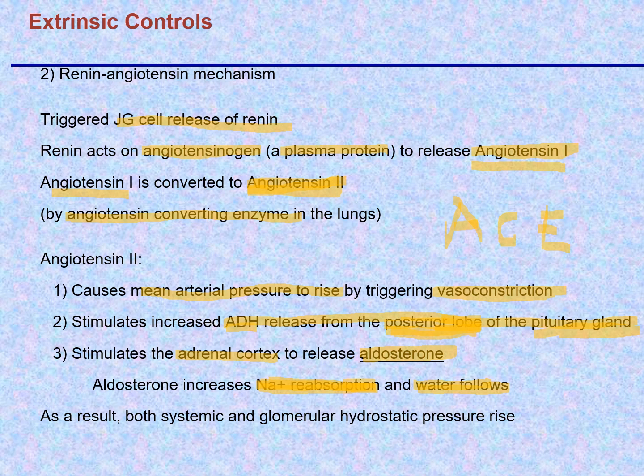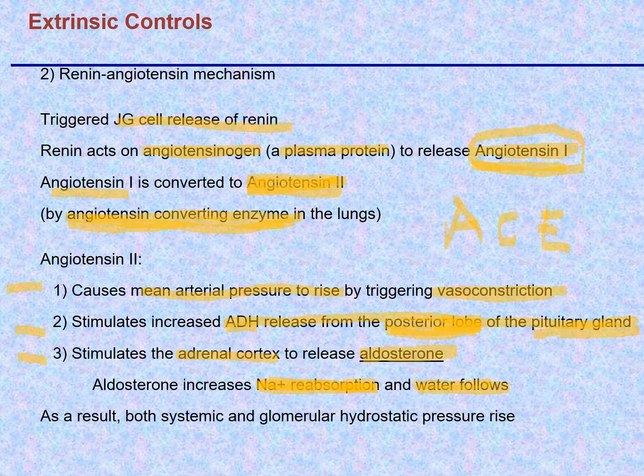So as a result of renin acting on angiotensinogen, you get formation of angiotensin 1, and angiotensin 1 is acted on by ACE. When it gets to the lungs, ACE is present there, and ACE will convert it to angiotensin 2, and angiotensin 2 does each of these things.